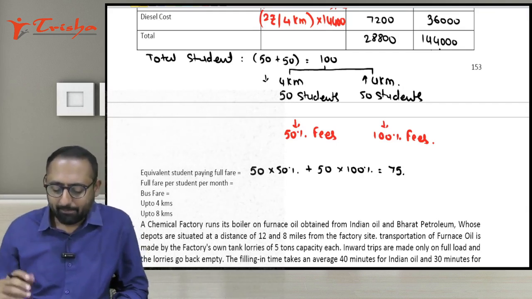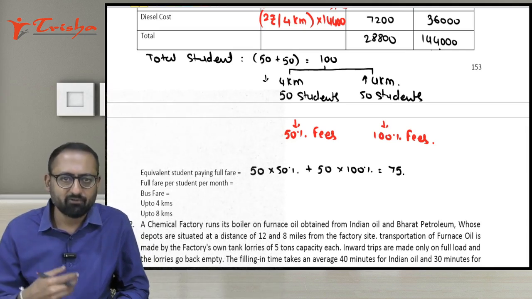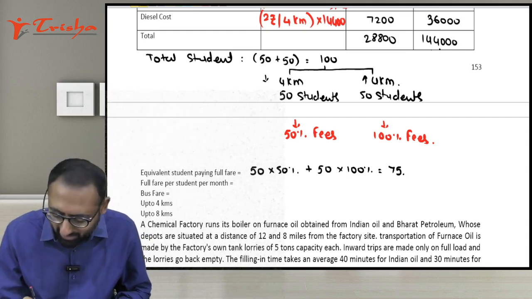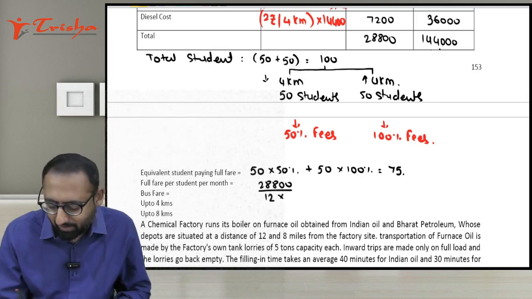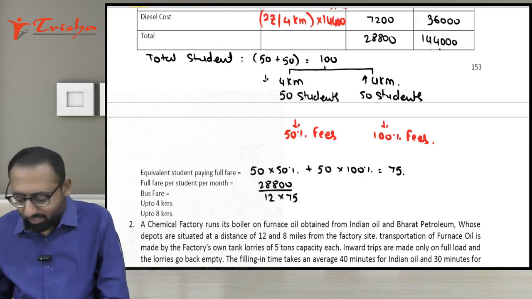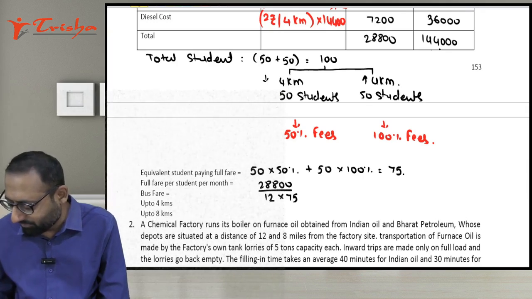Now the fare per student per month, that is the normal fare, 100% fare without concession. I'll calculate that. Now how much is your cost, guys? You can check that 28,800 is your cost for one bus, divided by 12 months, divided by, guys, 75 students paying full fare. So 28,800 divided by 12 divided by 75, you can check that.